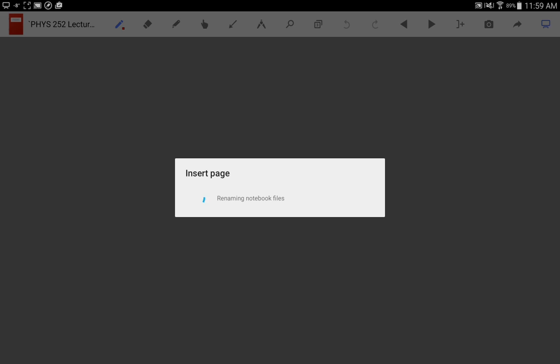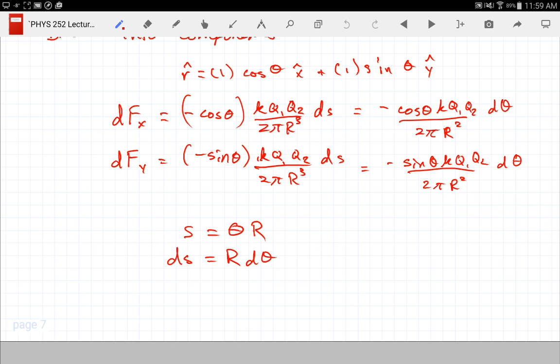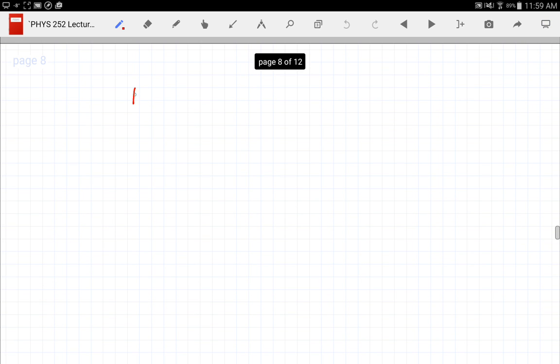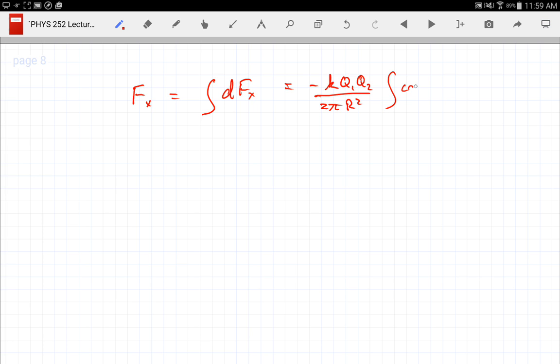I ran out of space, so I'm going to another page. So if I integrate these, let's put the constant stuff out front. Minus k q1 q2 over 2 pi r squared integral cosine theta d theta from 0 to 2 pi, because we go all the way around the circle.